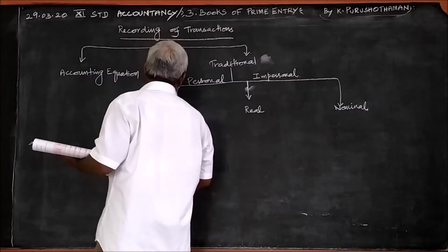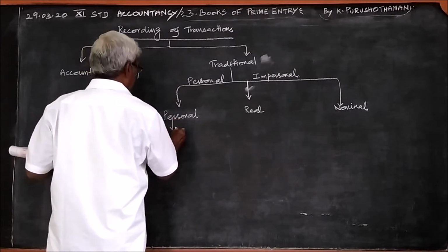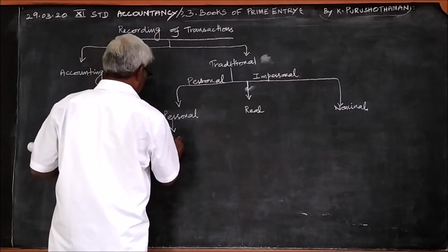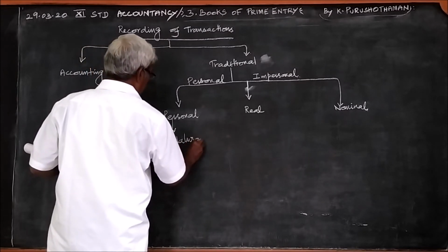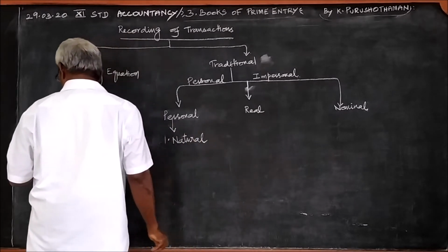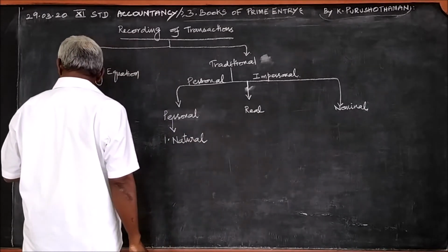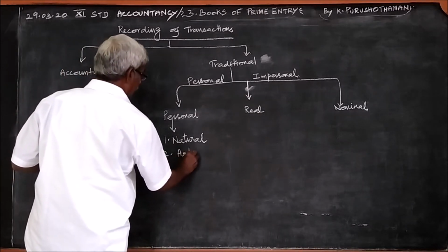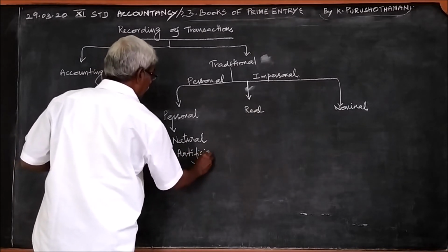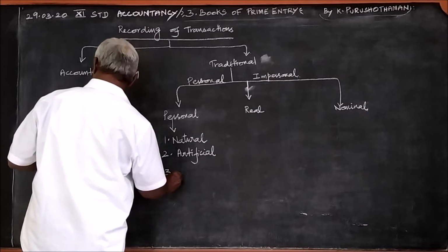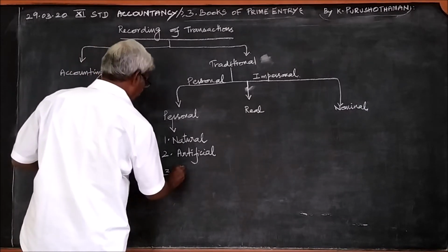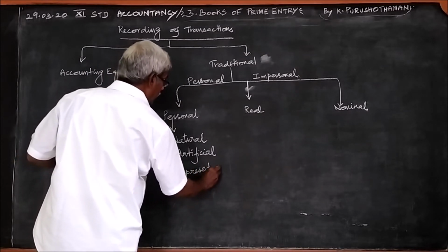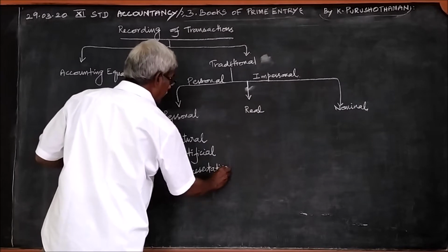In this personal account, we write: number one is natural personal account, number two is artificial, and number three is representative.